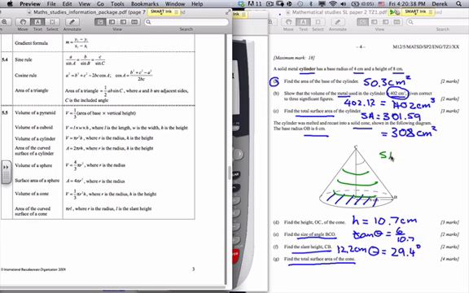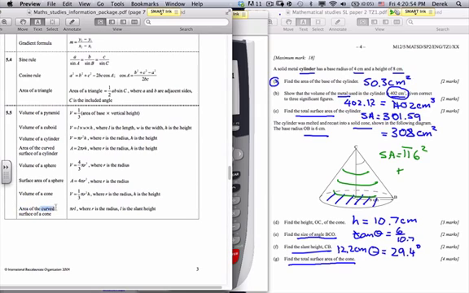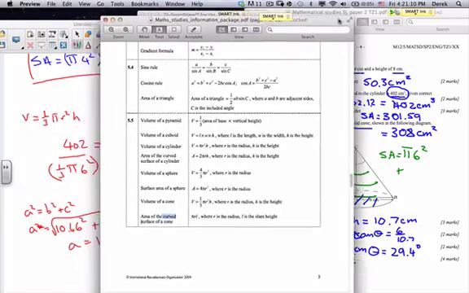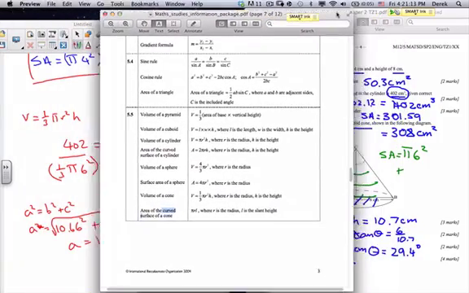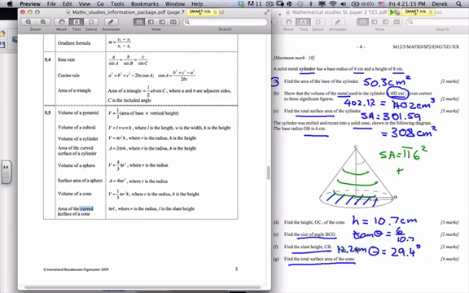So my surface area is going to be the area of the base, which is pi r squared, so it's going to be pi 6 squared, plus the area of this curved surface. Now this is this formula over here, the area of the curved surface of a cone is equal to pi r l, where r is the radius and l is the slant height. Now we've worked out what that slant height is. It's this one over here, it's 12.2.